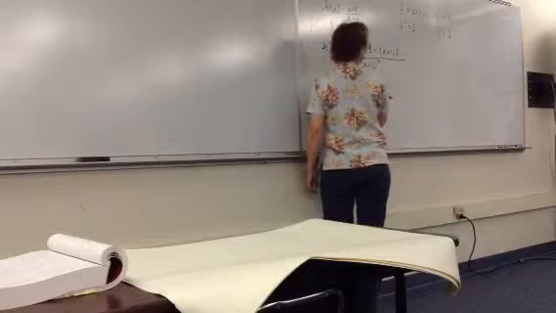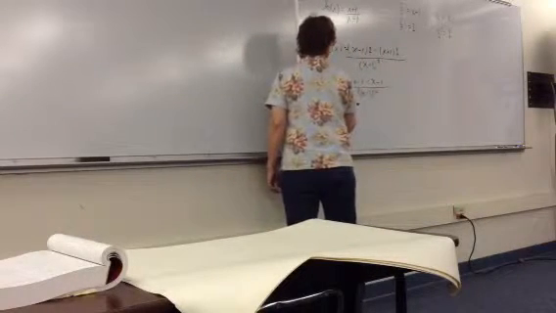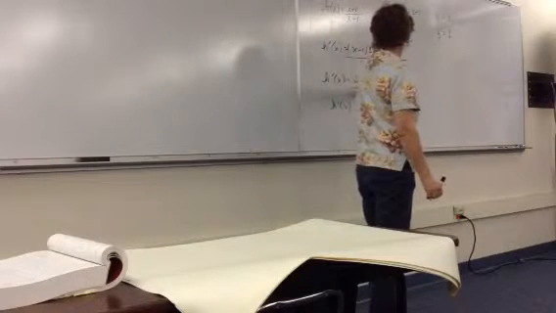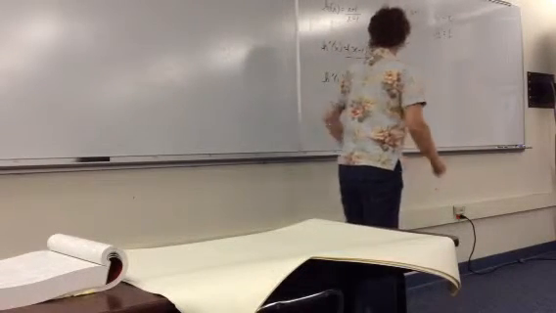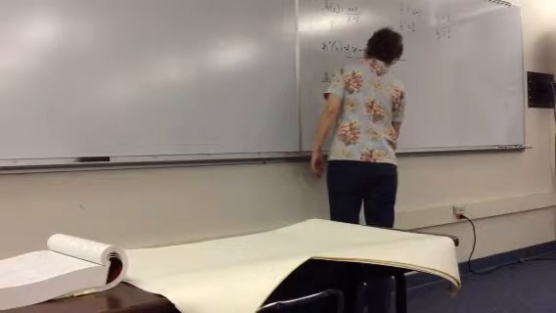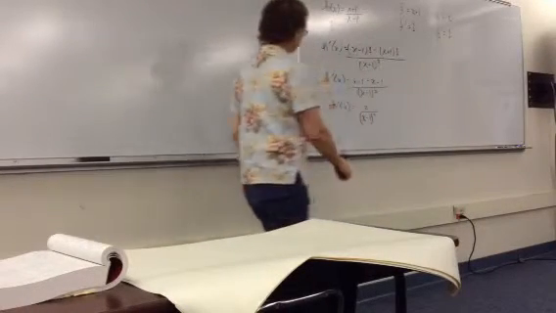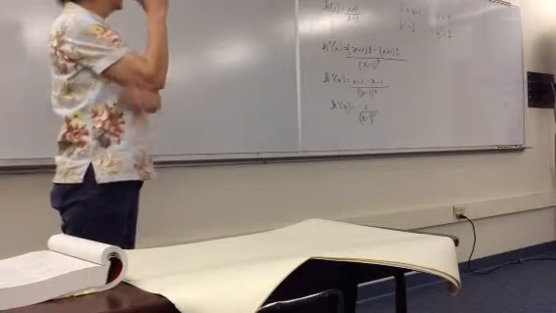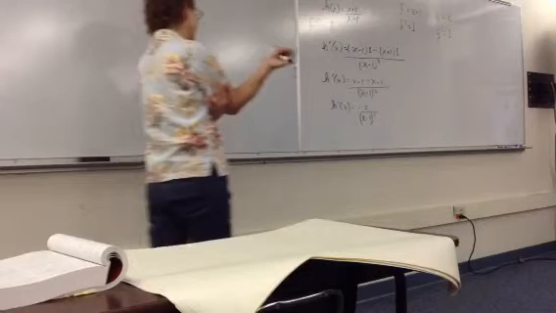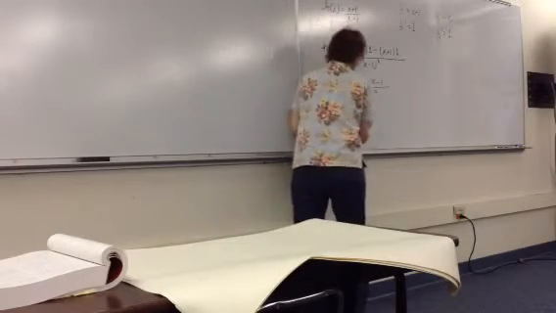This is hard? Huh. X minus x is 0. Negative 1 minus 1 is negative 2. And where can we make that 0? Nowhere. There's nowhere we can turn negative 2 into 0.